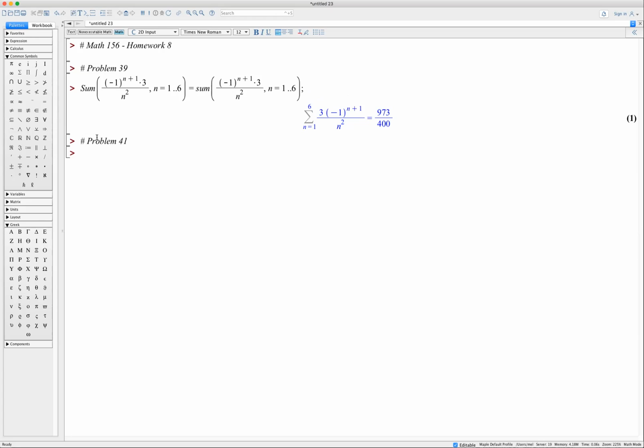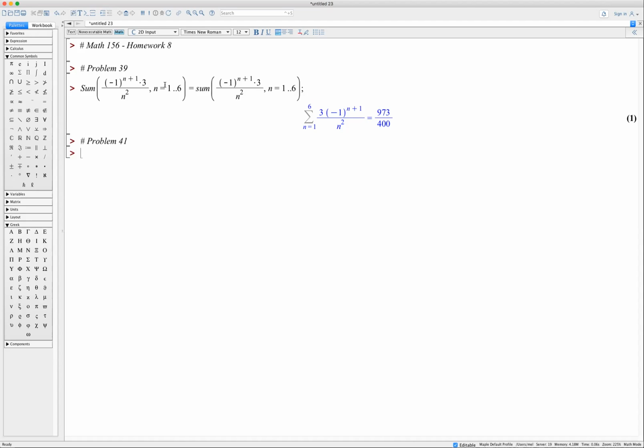So for problem 41, it says to use theorem 9.15 to determine the number of terms required to approximate the sum with an error of less than 1/1000. So you have to see, what does theorem 9.15 say?